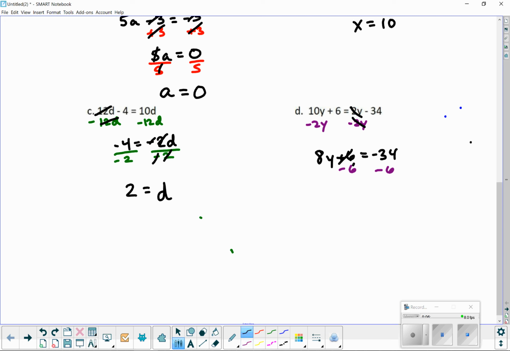So now you have 8y equals, and you got to figure out what negative 34 minus 6 is, which is negative 40. And divide by 8, because we need to get rid of that times 8. So divide by 8, and you have your answer, whatever negative 40 divided by 8 is. Okay. That's all.